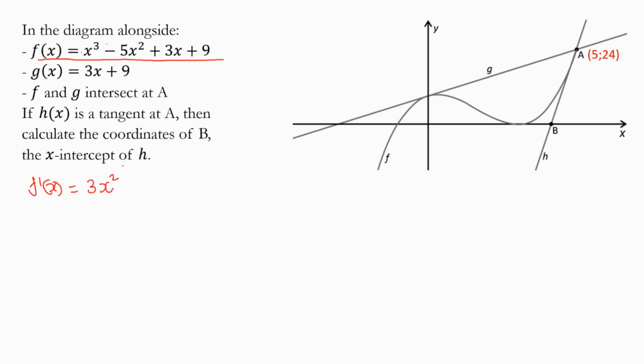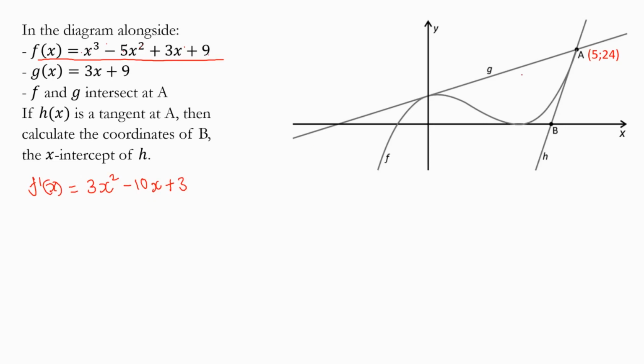Remember how we derive using rules. 2 times negative 5 is negative 10. And then x to the power 2 minus 1 is 1. So it's negative 10x. And then 1 times 3, that is 3. x to the power 1 minus 1, which is 0. So we remove x. The derivative of a constant is what? 0. This is the derivative.